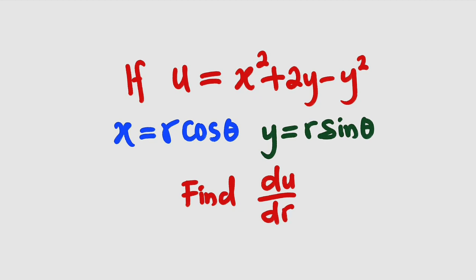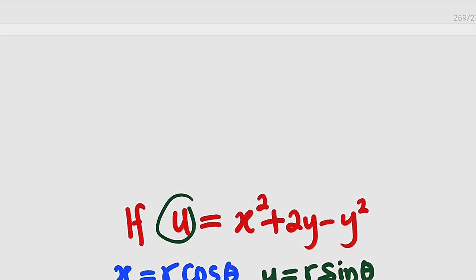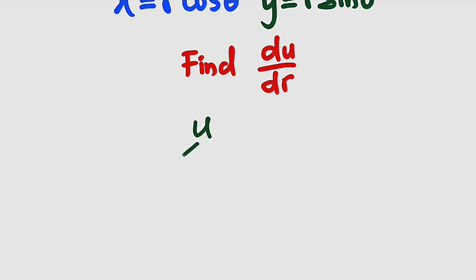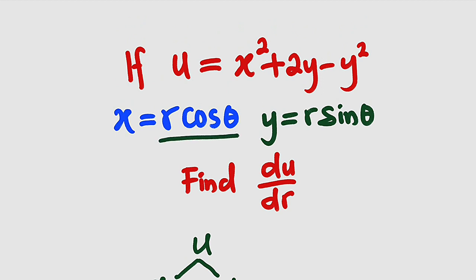The first method we are going to apply is by using a dependency graph. You should know that u depends only on x and y. But x also depends on r and theta, because these are two different variables.